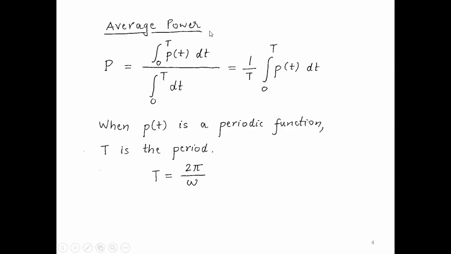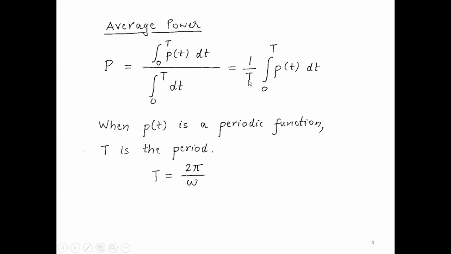The average with respect to time of any quantity, in our case power, is defined as that quantity integrated over some duration of time divided by that time duration. Some capital T is a time duration. So the average of P is the integral of P from 0 to T divided by T.